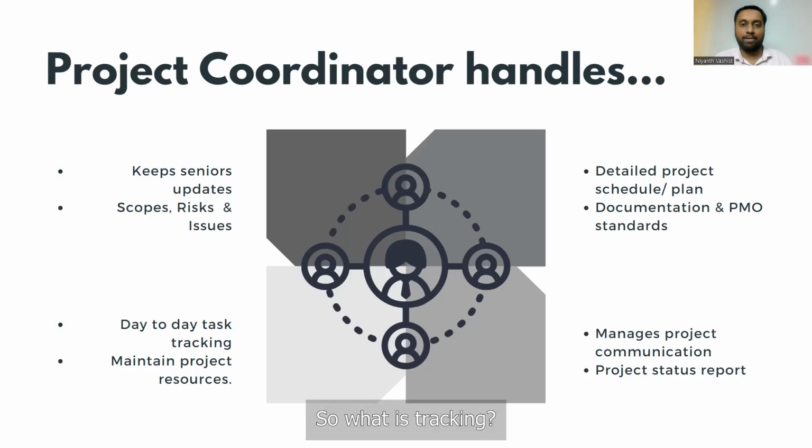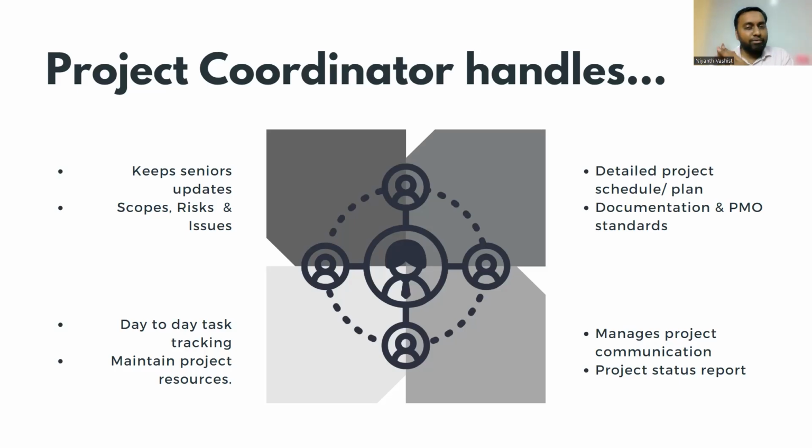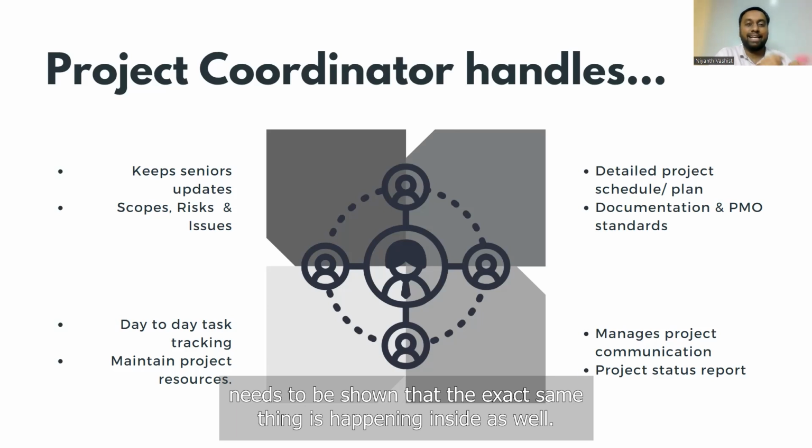Now, what is tracking? Tracking is, in simple words, making sure whether the actual is going equivalent to the plan. Whatever we have planned on a day-to-day basis on Primavera or MS Project needs to be shown that the exact same thing is happening inside as well.